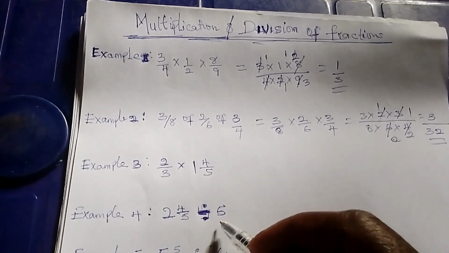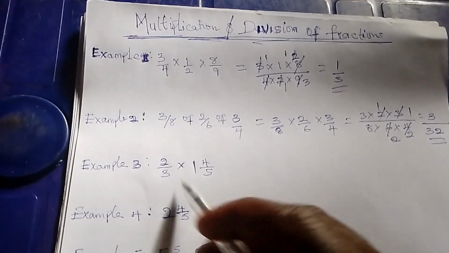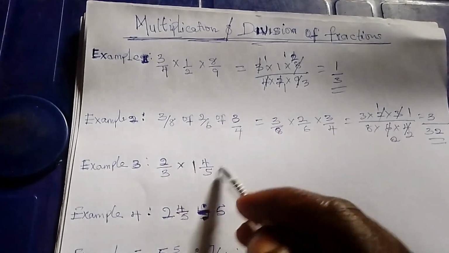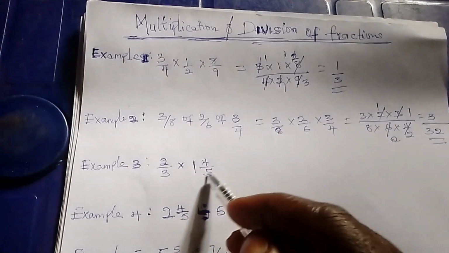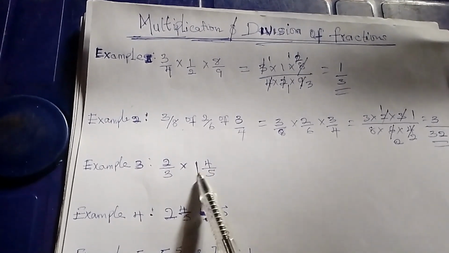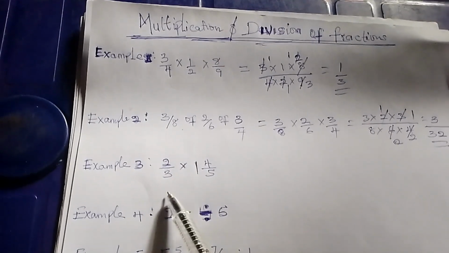Now, coming to the third example, it says 2 all over 3 multiplied by 1 whole number and 4 all over 5. In this case, this mixed number, you need to change it to an improper fraction.